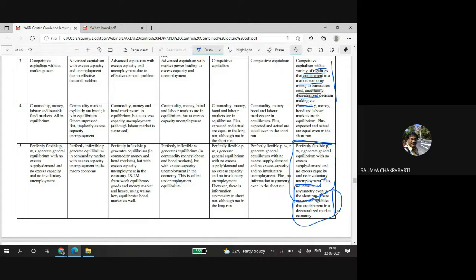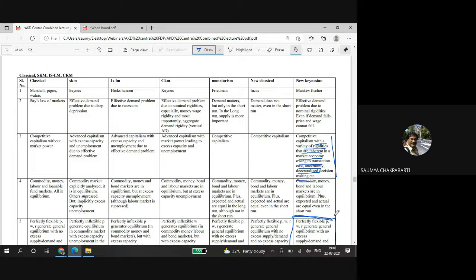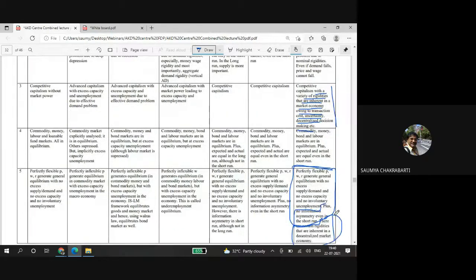It was only short run, etc. So the criticisms were right, and that's why we go with the new classicals. Fine, rational expectation, competitive capitalism, everything is fine, but still you cannot avoid Keynesian result. One such result we can discuss, that is the famous menu cost model.